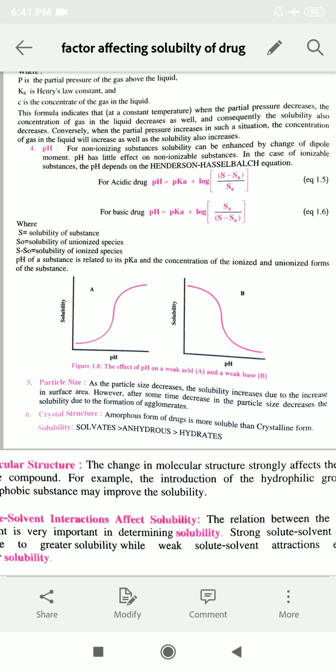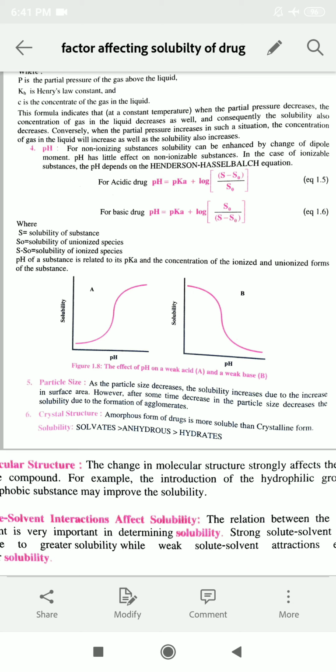Every compound, every substance has some crystalline nature or some arrangement of particles. The amorphous form of a drug is more soluble than the crystalline form, because amorphous has irregular bonding between the particles of the drug, while in crystalline there is repeated, sequential bonding between the particles.